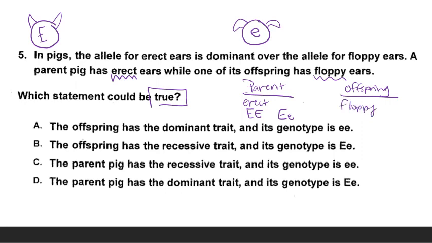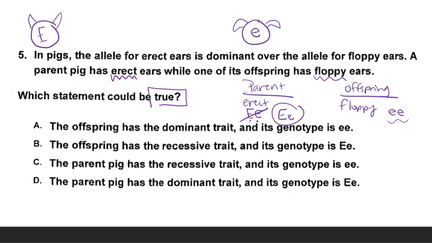And if he is expressing that recessive phenotype, then he has to have a recessive genotype as well in order to express that recessive trait. So looking at that, can he be the offspring of someone who is homozygous dominant? No, because he would only be able to send over a dominant allele, and that wouldn't make this possible. So we know that the parent in that case is heterozygous for sure.